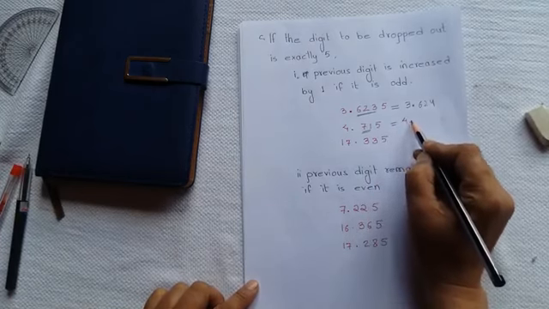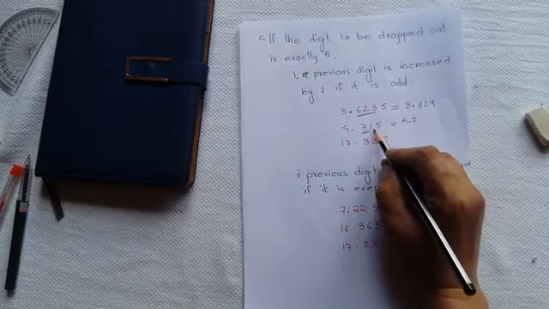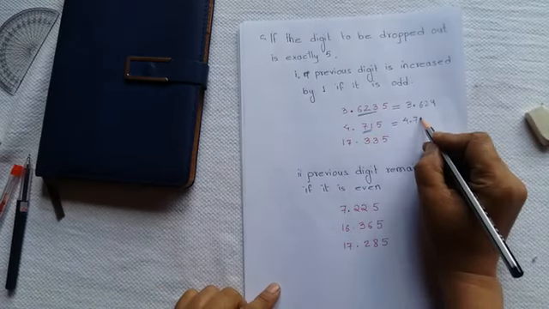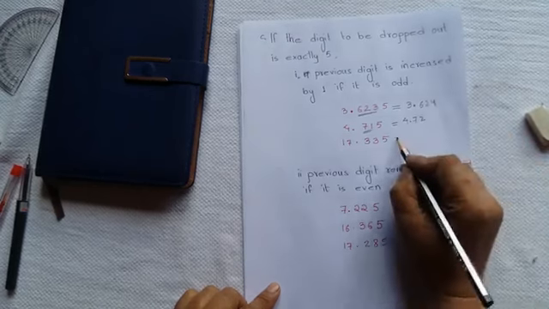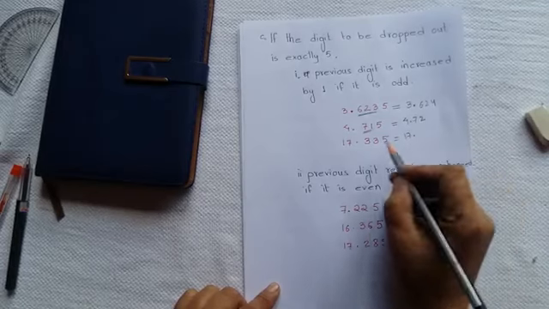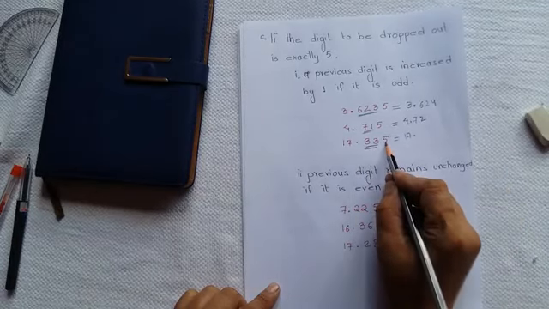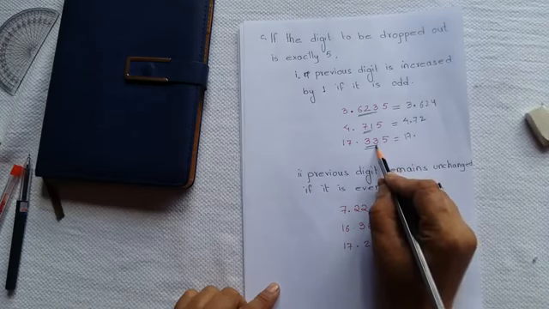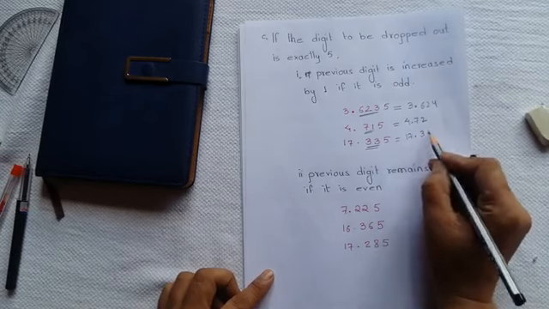Then you just increase the previous odd digit by 1, so it becomes 7.2, and you drop out the 5. And here again we have 17 point. You want to keep 2 digits after the decimal point, you want to drop 5, and the previous digit is odd, so we need to increase it by 1, so it becomes 3.4.